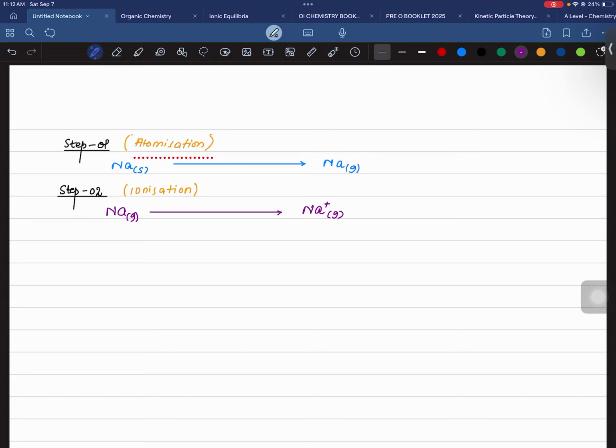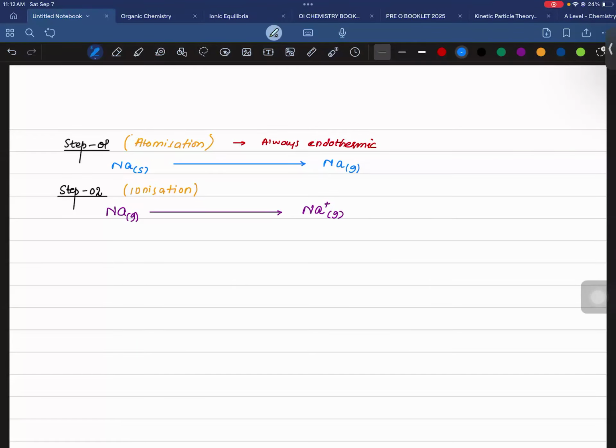When you provide heat, you are going to overcome the force of attraction between these particles. So the energy is absorbed by the particles so that they can be separated from each other. So that's why this is always endothermic.